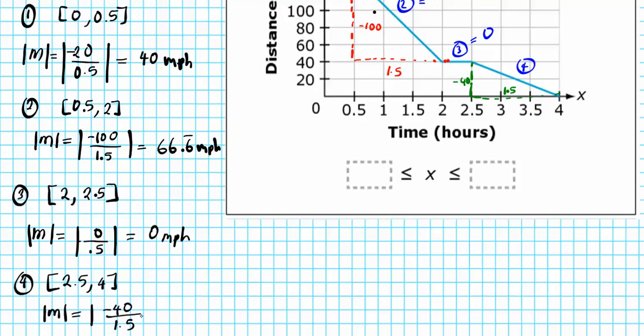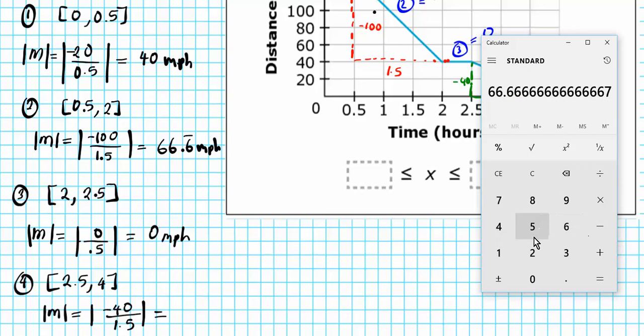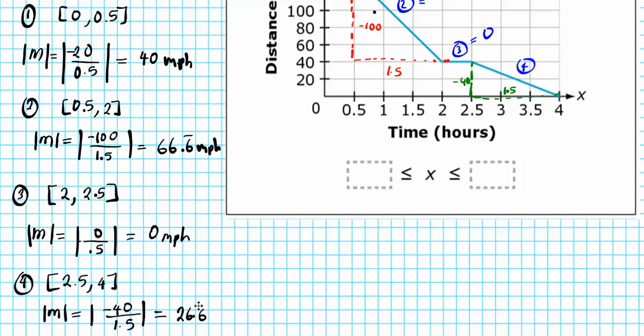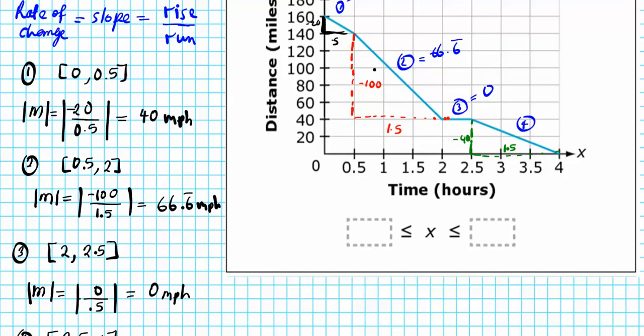That will give us what the speed is on that interval. Let's do that with our calculators. So what is 40, forget about the minus because you're taking the absolute value, divided by 1.5? 26.6 repeating, so it's 26.6 repeating miles per hour. Okay, so you can see what's going on here.